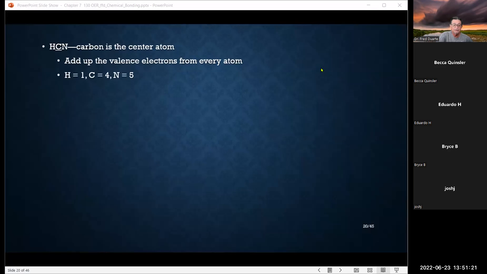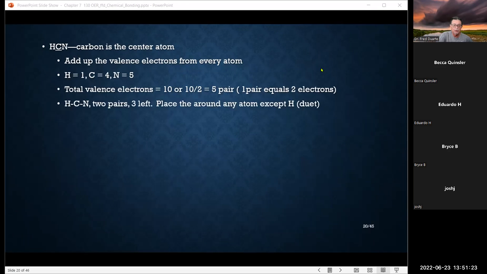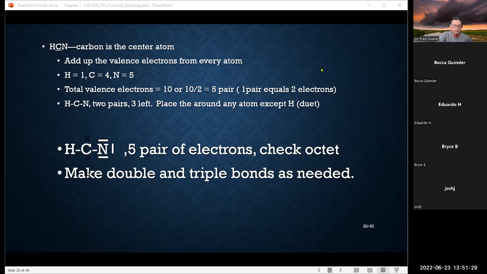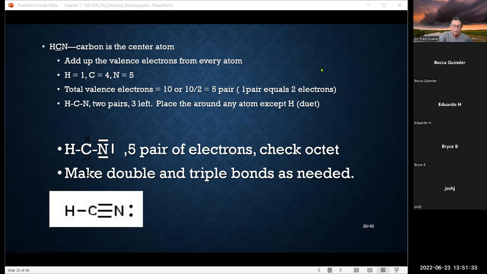So this is what we just went through with respect to HCN, kind of breaking it down. Creating double bonds, we went through this scenario, 5 pairs of electrons, and then we made triple bonds such that everybody is filled.